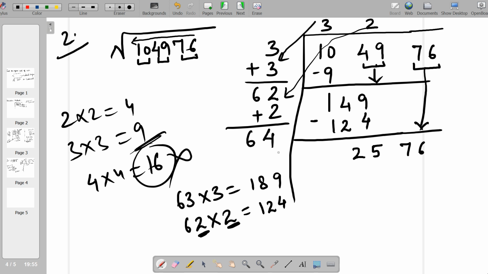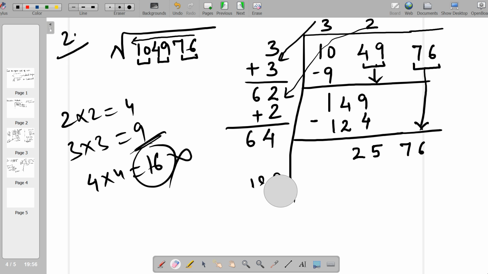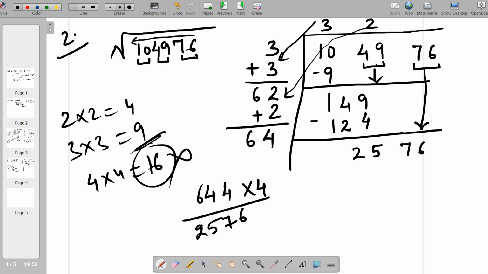Now in 64, which digit should you add and multiply with so that you get some value around 2576? So let's dry run this. If you try 644, 4 4s are 16, 4 4s are 16 and 1 is 17, 4 6s are 24 and 1 is 25, 2576.